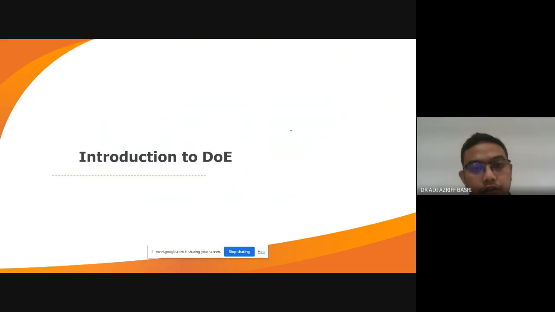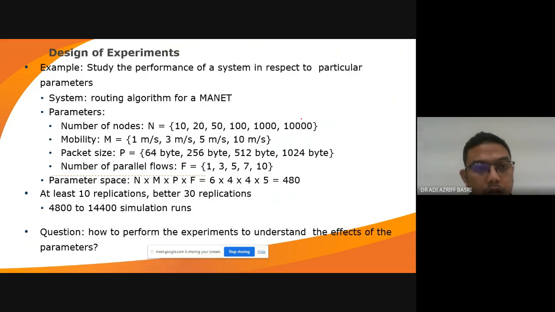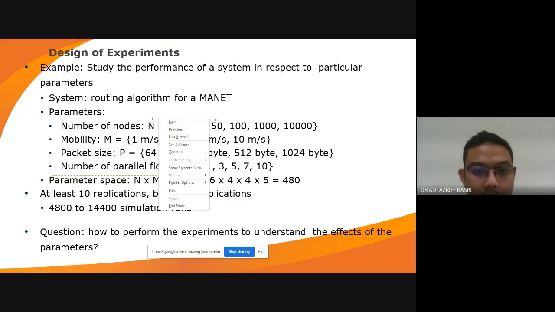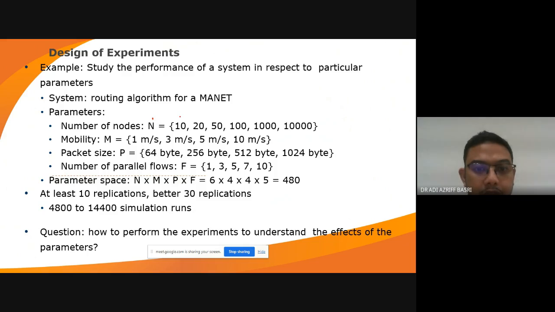The introduction of DOE. For example, you have to study the performance of a system with respect to particular parameters. In your system, you have a routing algorithm, whereas your parameter is the number of nodes, N. For example, you have 10, 20, 50, 100, 1000, 10,000, and so on.